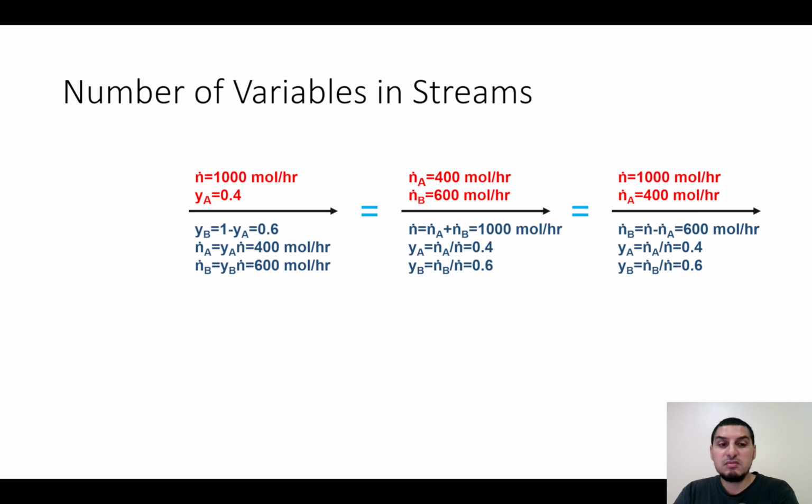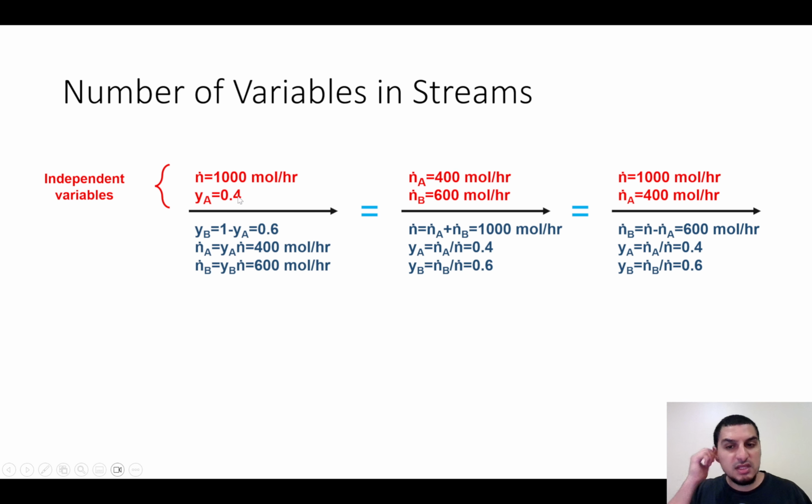So the take-home message is that I can fully define a stream consisting of two components using two pieces of information, no matter what they are, as long as they are independent, meaning they are not dependent on each other or on anything else. For example, I cannot define the stream using YA and YB because YB is dependent on YA. So it's just one piece of information, not two.